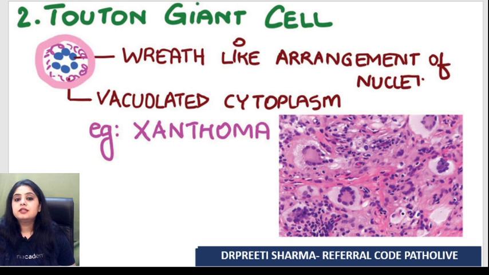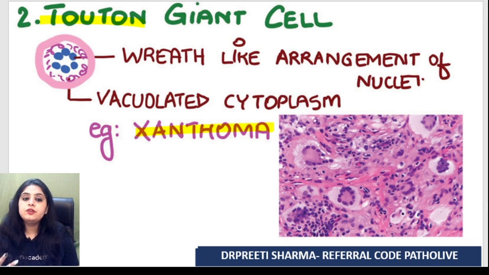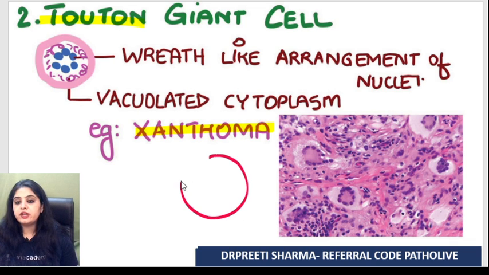Next, moving on, the second type of giant cell is known as the Touton giant cell. What do I mean by Touton giant cell? Firstly, Touton giant cell is always seen in lipidaceous disorders, lipid related. So, for example, xanthoma, which can occur over the fingers, the eyelids. So, all lipid related disorders it tends to occur in. If I draw it out, you will say it's a giant cell.